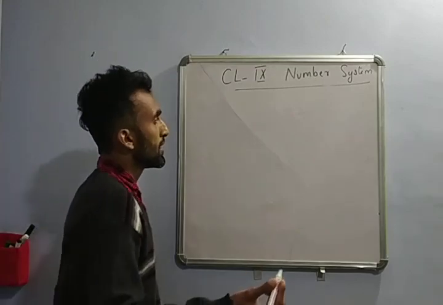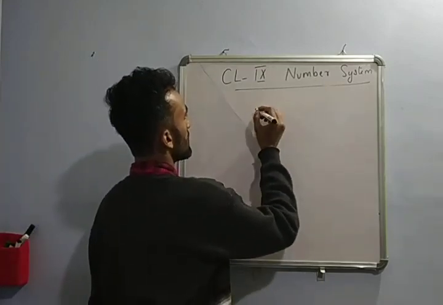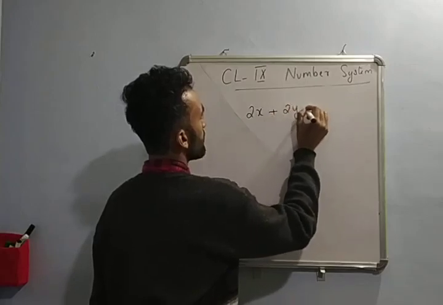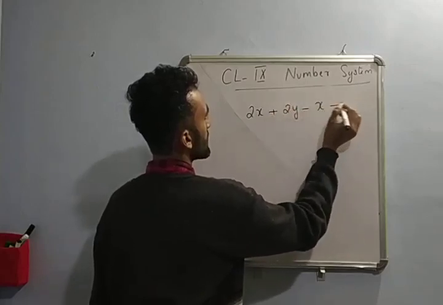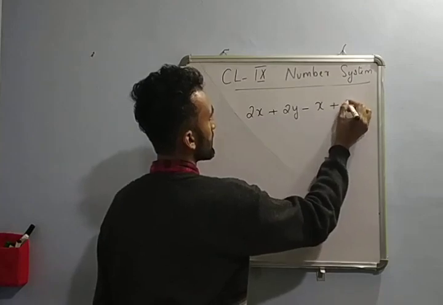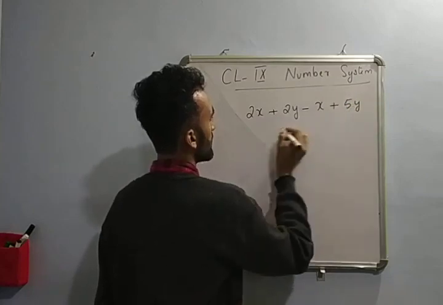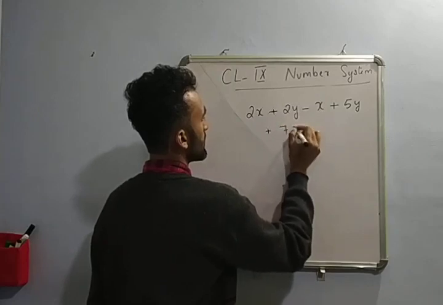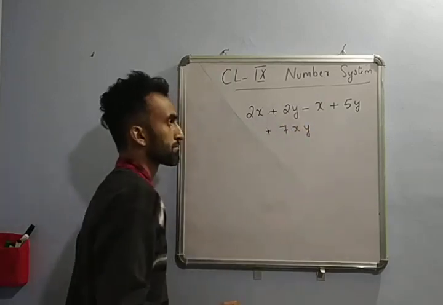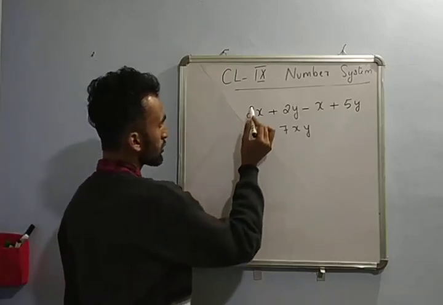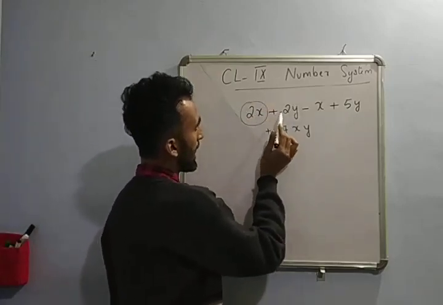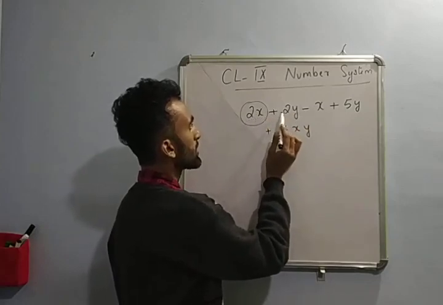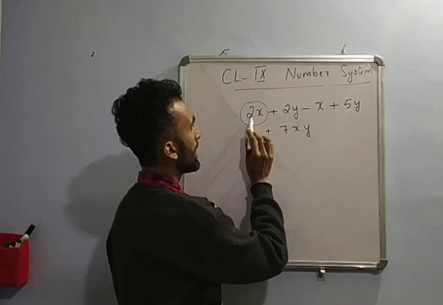See, the logic is, if I have 2x plus 2y minus x plus 5y minus or plus 7xy. Now 2x you cannot add with 2y. You cannot add these two.